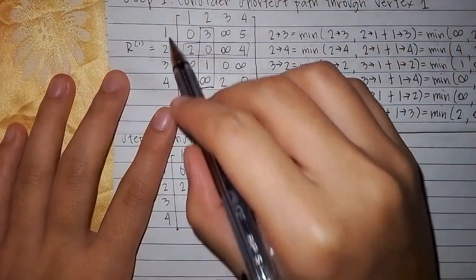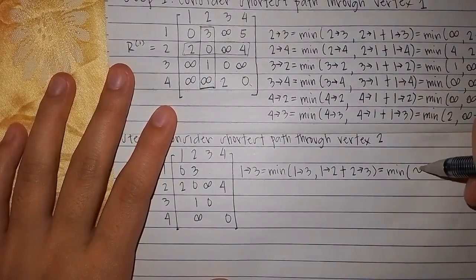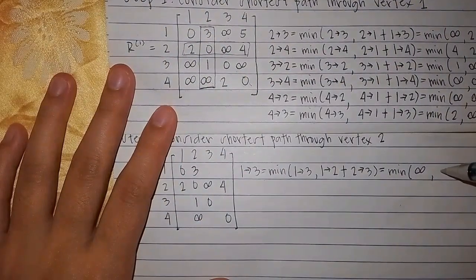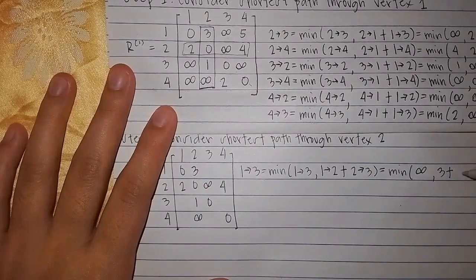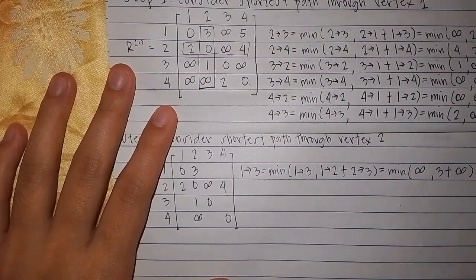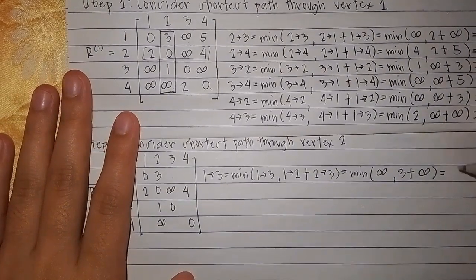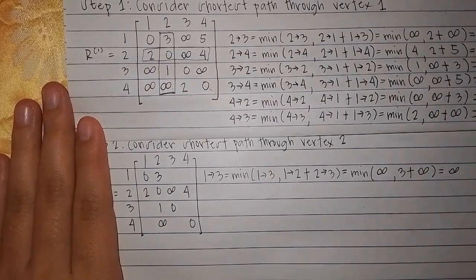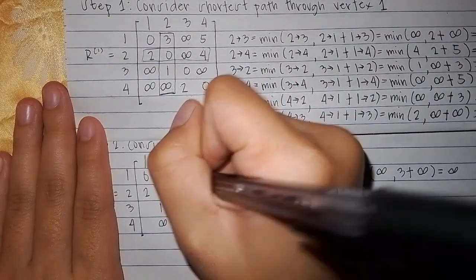So 1 to 3, as we can see, the distance is infinite. And 1 to 2, as we can see, it's 3 plus 2 to 3, the distance is infinite. So we will get this as infinite. So 1 to 3 is infinite, so we will put it in the matrix.